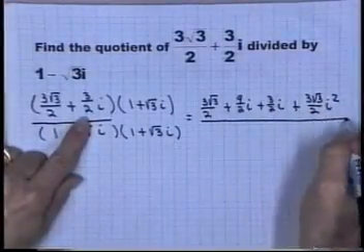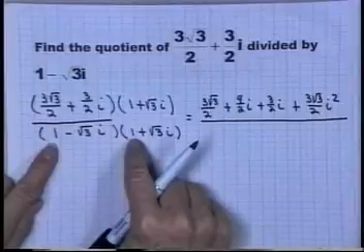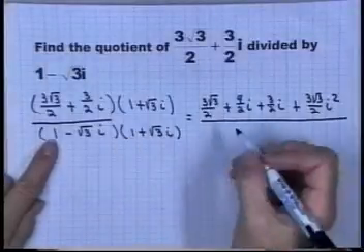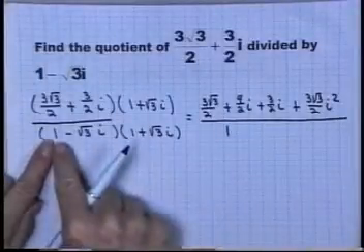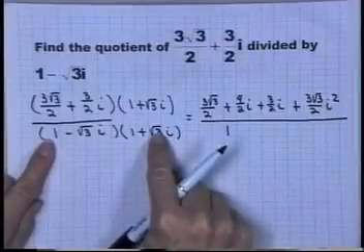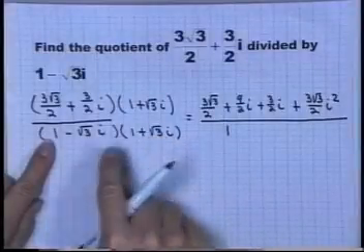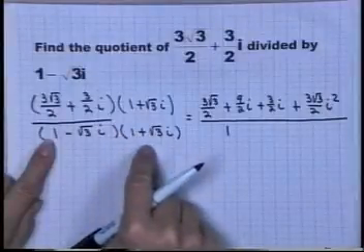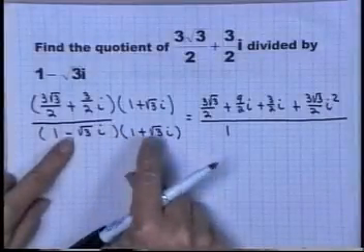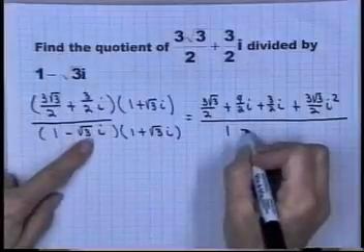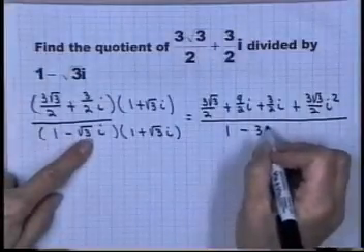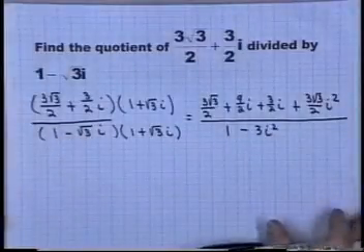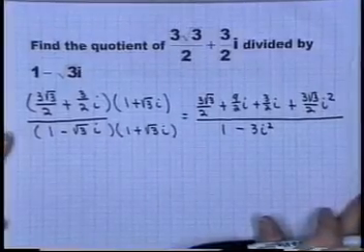Okay. On the bottom, notice because of the conjugates, 1 times 1 is 1. Notice the outside product is going to be a positive square root 3 times i. The inside is going to be a minus square root 3 times i, so those are going to cancel out. And then I will get a minus square root 3 times square root 3 gives me 3 i squared. Okay? So have you followed the FOIL part?